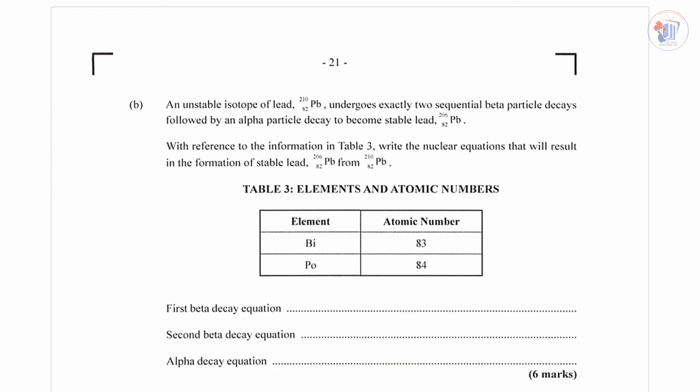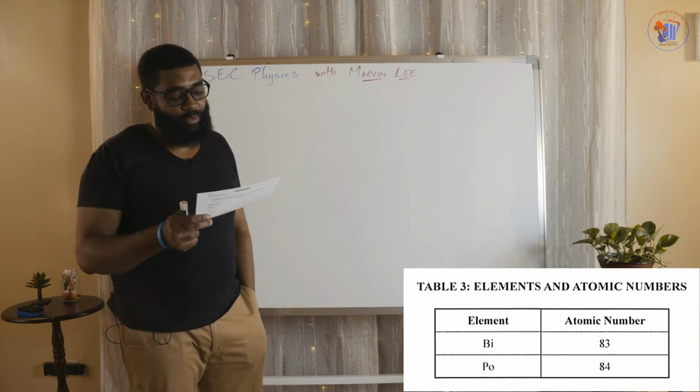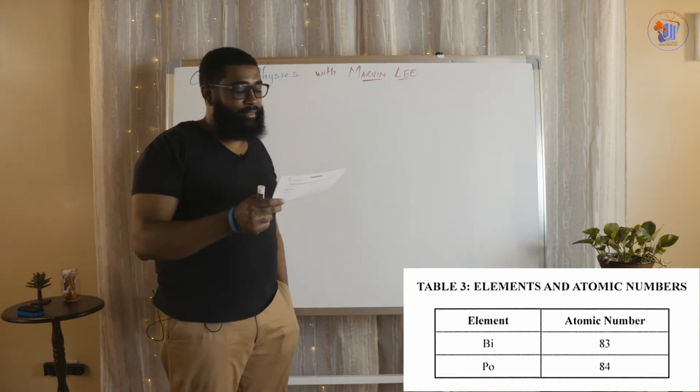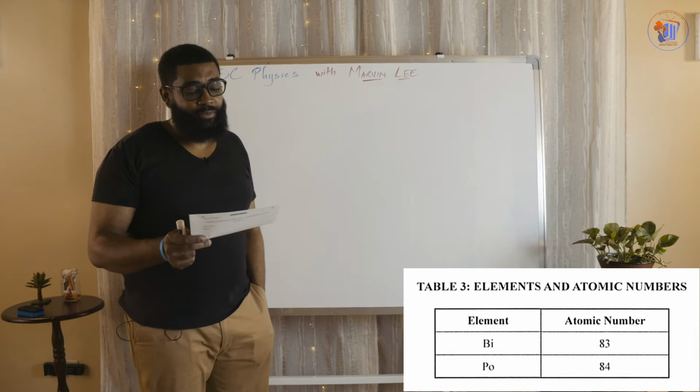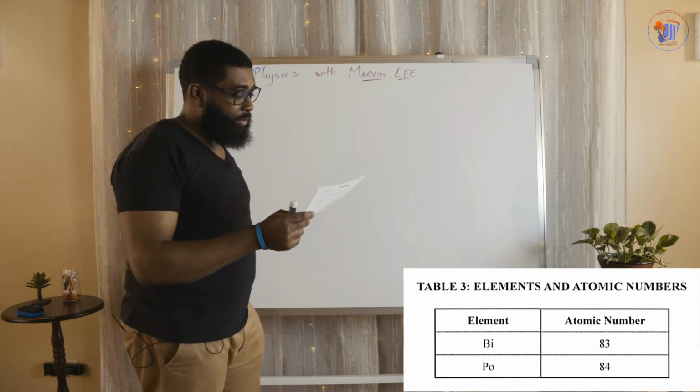With reference to the information in table 3, write the nuclear equations that will result in the formation of stable lead, Pb-206, from Pb-210. They politely ask you for the first equation, the second, and then the alpha decay equation.